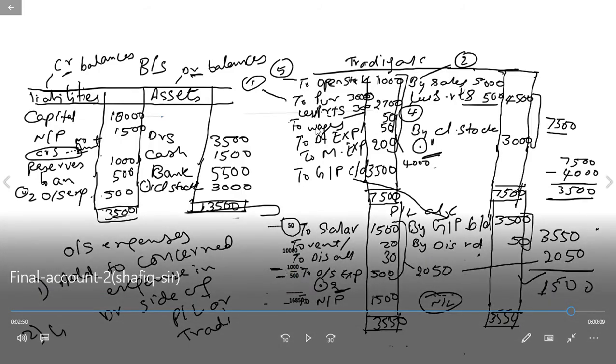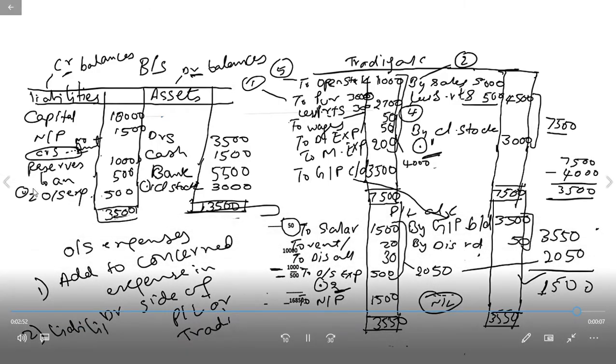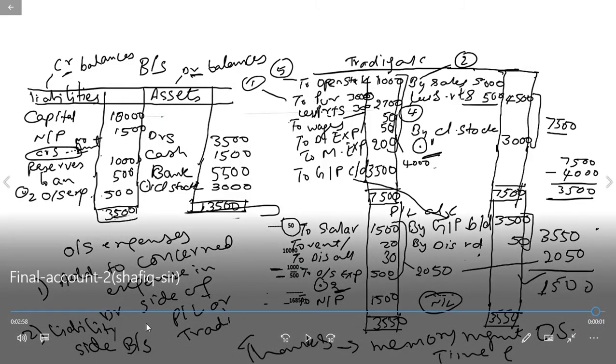Sometimes wages outstanding may be given, then you have to add it here. Rent or salary outstanding may be given, usually salary will come. Outstanding salary, you can add to the already existing salary. So one time on the debit side to be added, second time definitely on the balance sheet liability side it will be written.